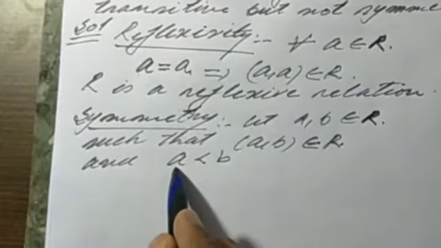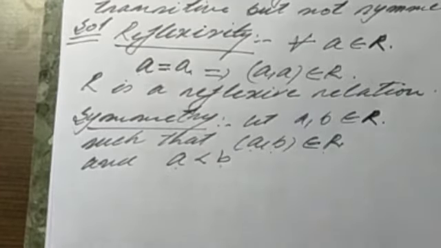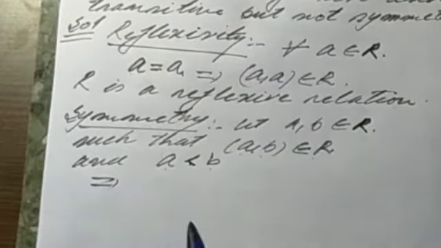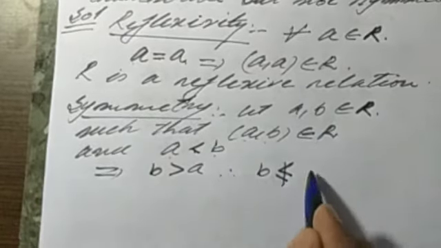So if a is less than b, then obviously (a, b) is contained by the relation, but it implies that b is greater than a. So b is neither less than nor equal to a.